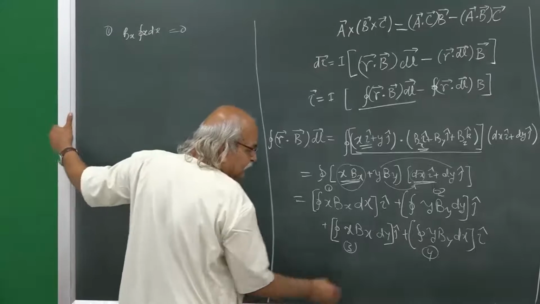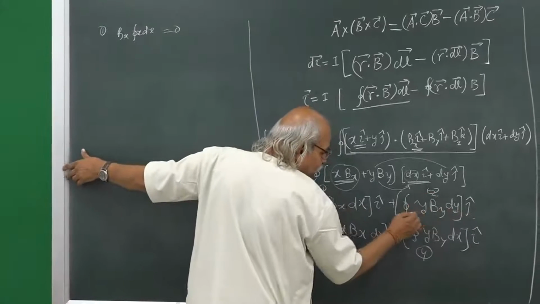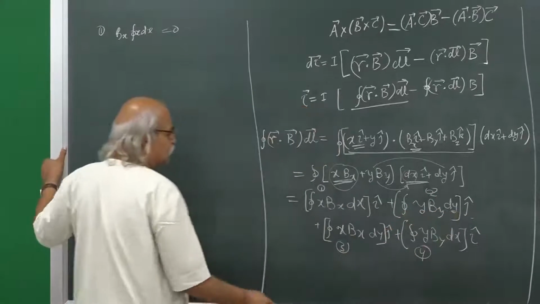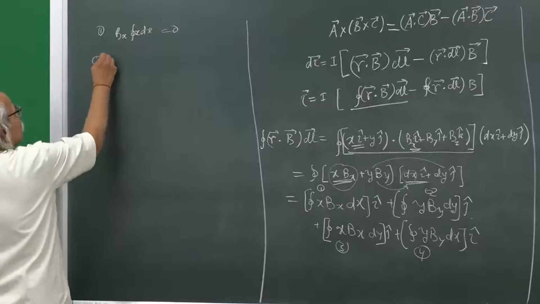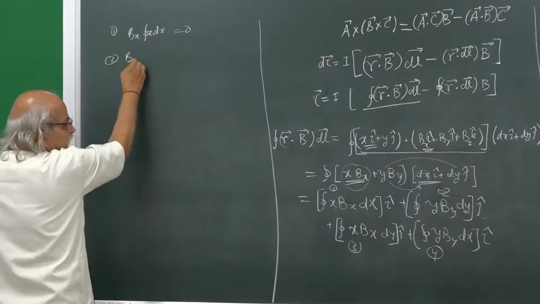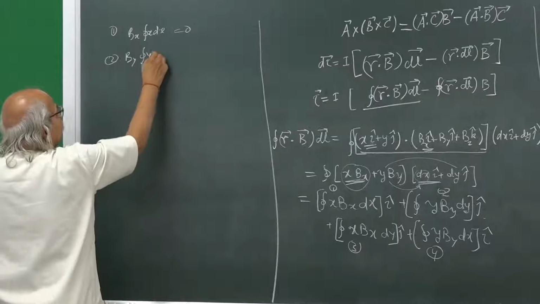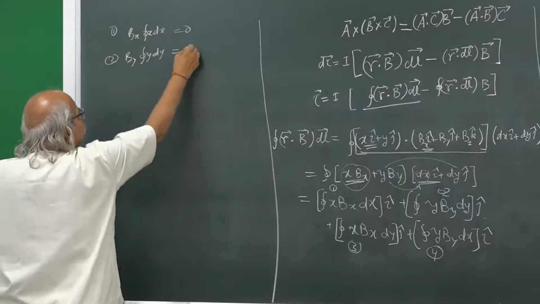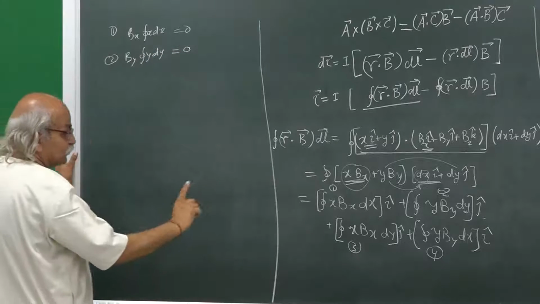Similarly, the second one, y dy, is also 0. And b_y times the integration of y dy is also 0. Then 3 and 4.